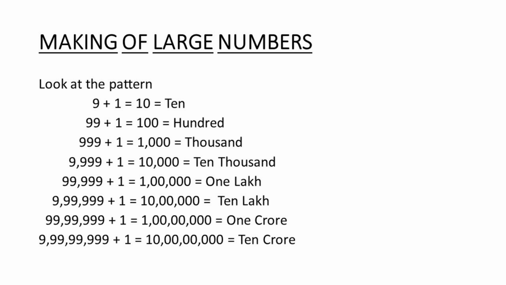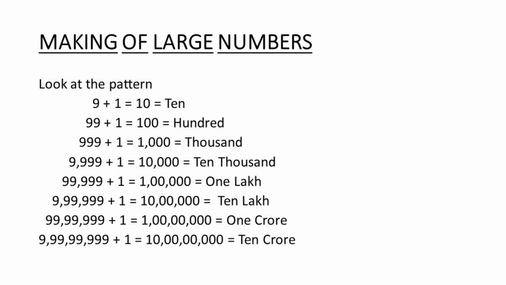Now in the next pattern you can see that we have taken a 4-digit greatest number, and when we add 1 to it we get a 5-digit smallest number, that is 10,000. Now in the further pattern, when we take a 5-digit greatest number and add 1 to it, we get a 6-digit smallest number, that is 1 lakh.